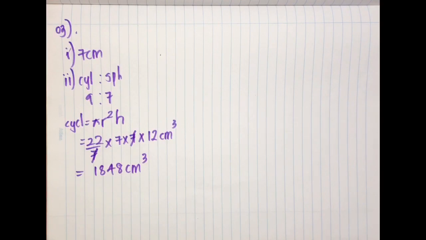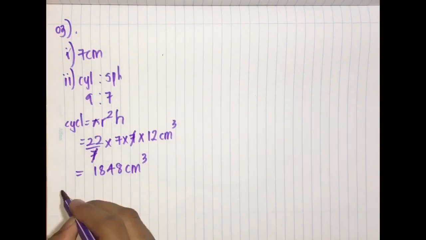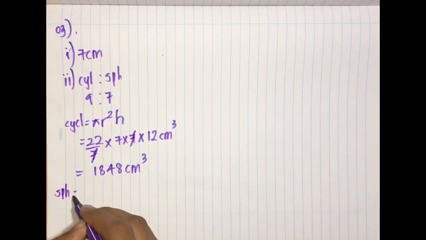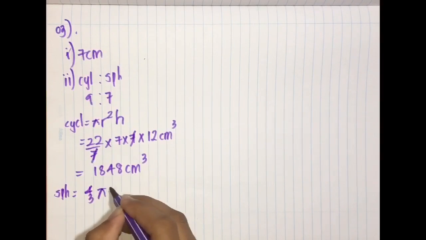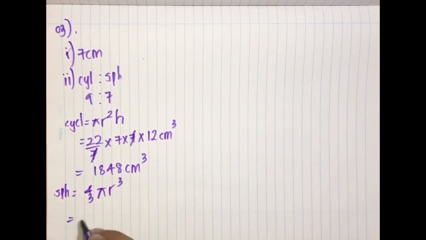Next, since you have already found the cylinder, next you have to find what? Yes, the sphere, the volume of a sphere. What is the equation? The equation is 4/3 pi r cube. So just substitute and simplify. That is pi 22/7.